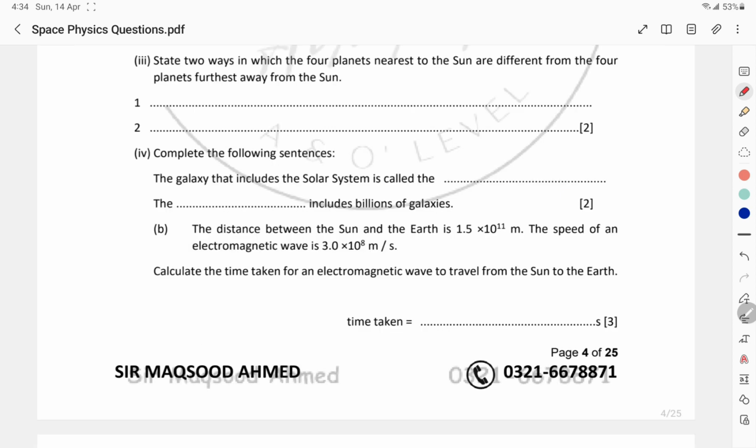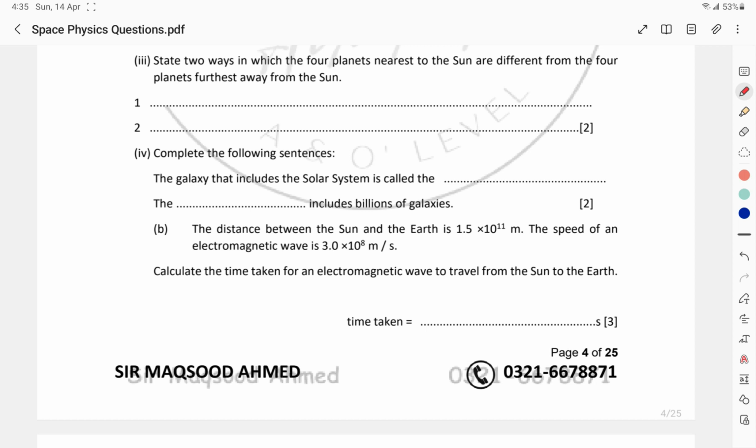Now the third part: state 2 ways in which the 4 planets nearest to the sun are different from the 4 planets farthest away from the sun. Dear students, as we have discussed, the innermost planets are rocky and the outermost planets are gaseous.